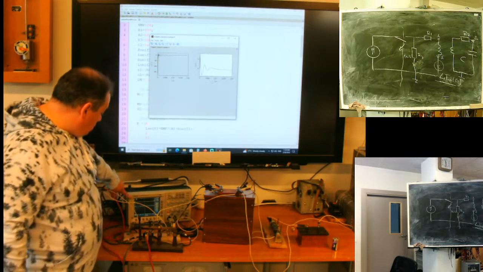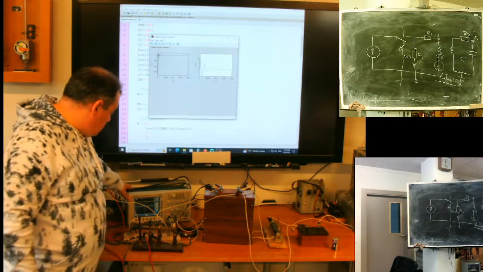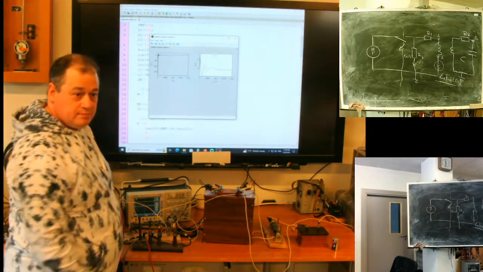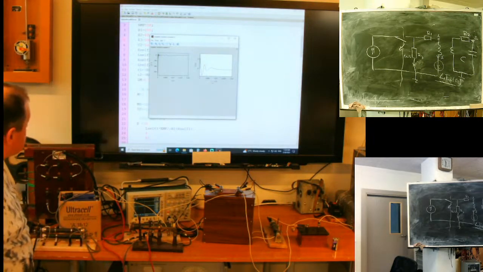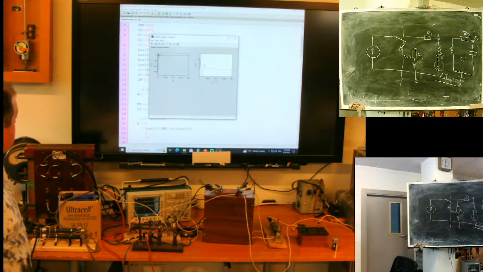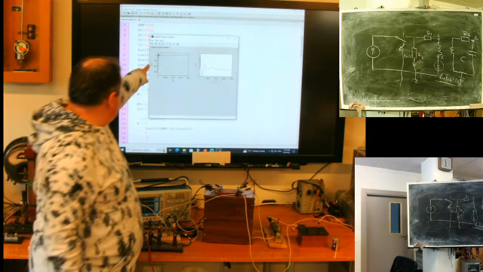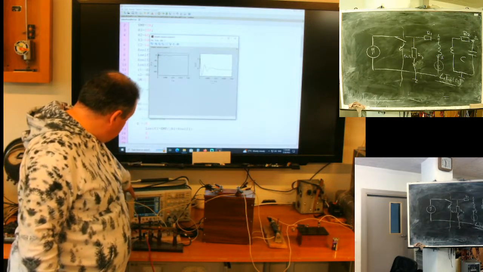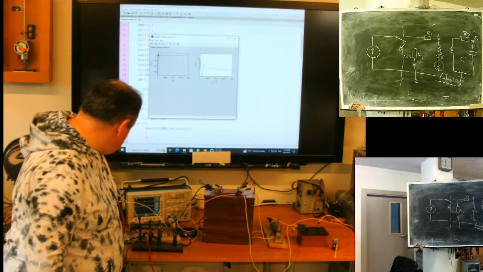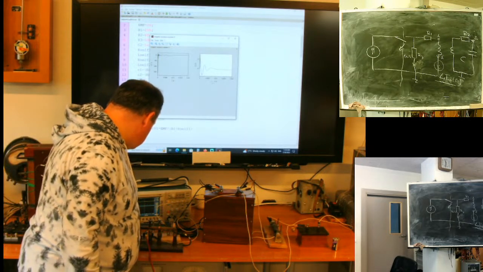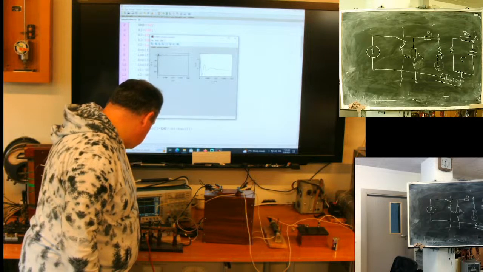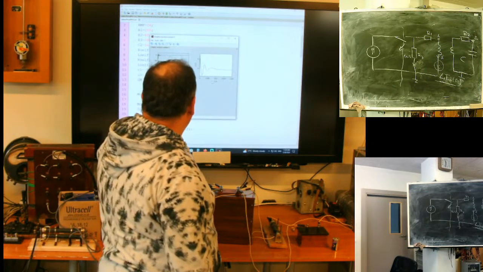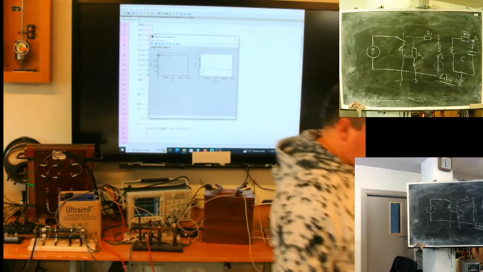This one is yellow, and this one is blue. Quite close. Big difference in this. This one oscillates. And this is what I have, 4 milliseconds, 8, something like 10 milliseconds.